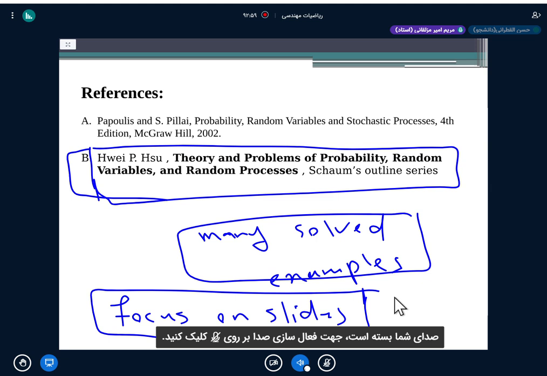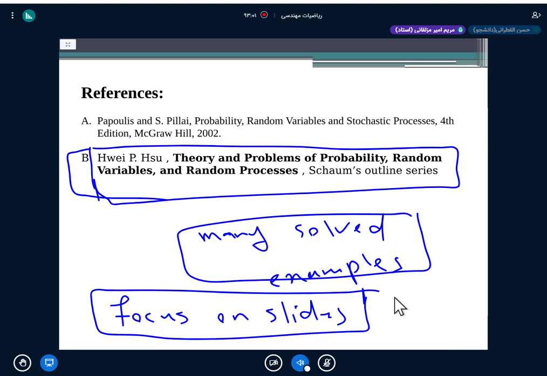No, it's not correct. You don't need to read this book. The material of the slides is from this book, but you don't need to refer to it because it's complicated and a bit hard for you to read.